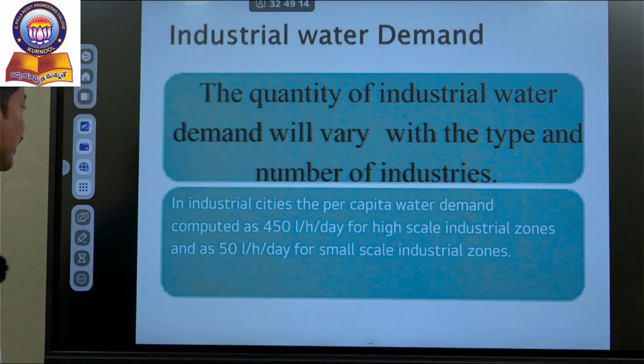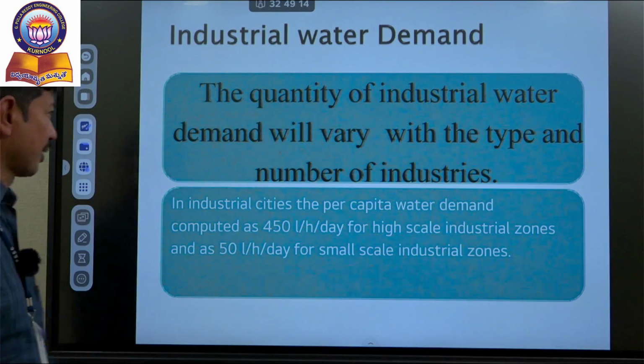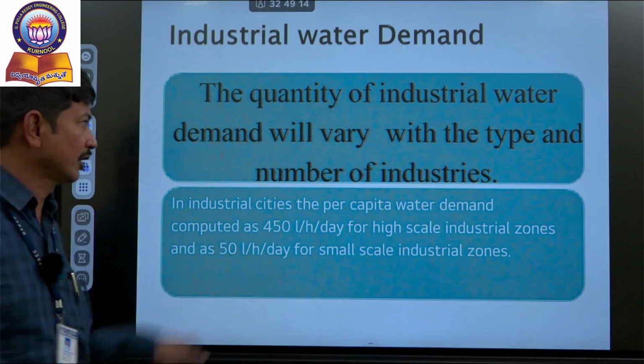Now industrial needs. We supply water for industrial needs in case any industry is present within the town or city. That demand is based on 50 liters per head per day on account of industrial needs. Otherwise we calculate it separately based on manufacturing.